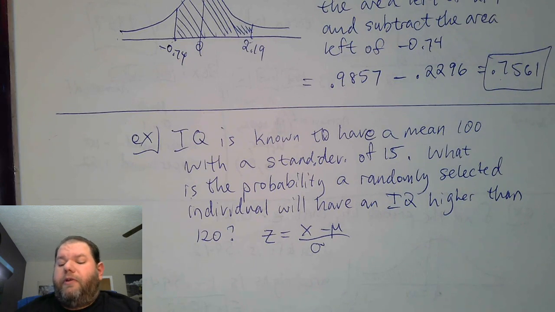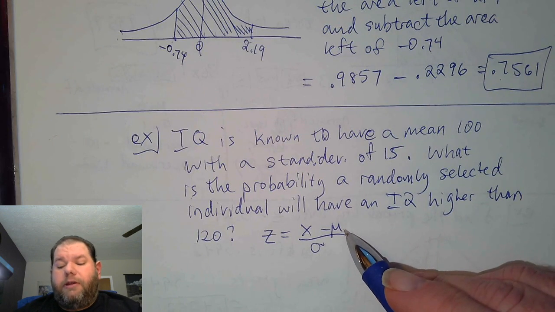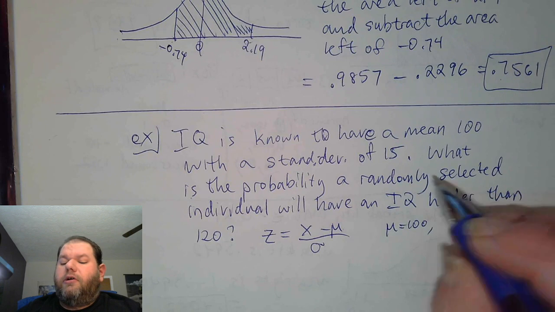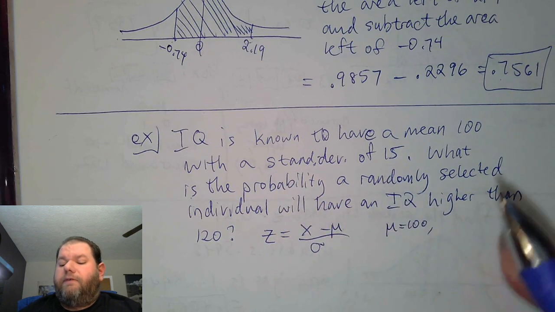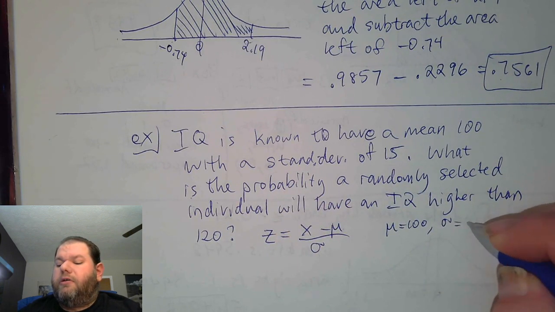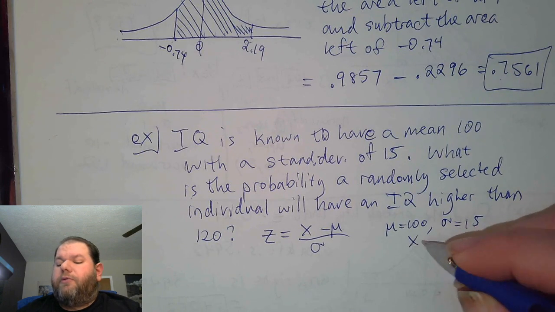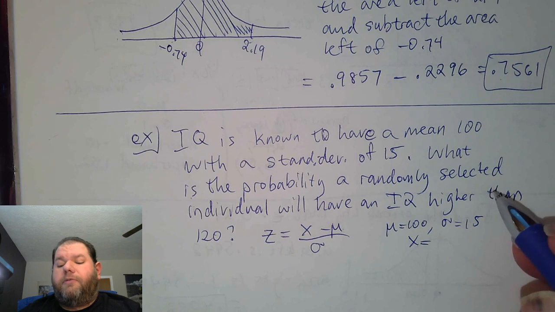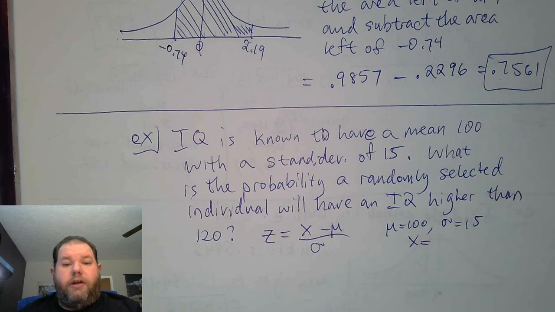So mu we know is the mean, and that's 100. Our standard deviation, sigma, is 15. And the data value that we're interested in is 120. So we want to know what's the probability that the IQ is higher than 120.